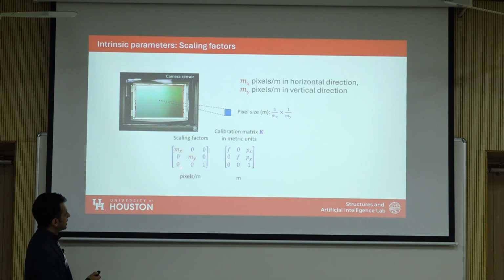And we can get this scaling factor in terms of m sub x and m sub y in pixels per meter. And we can multiply this with our calibration matrix in metric units, and then we get our calibration matrix in pixel units.